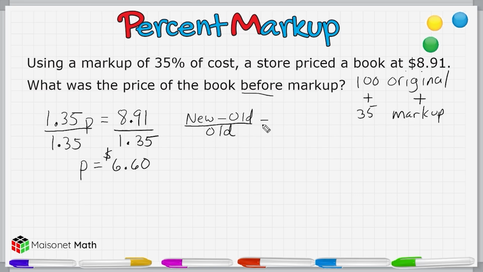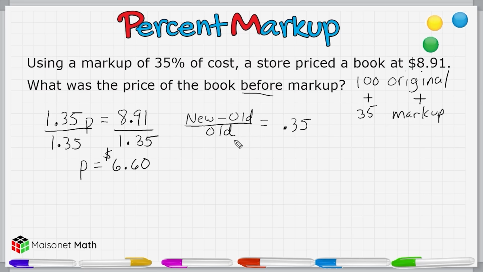And that is going to give us some decimal value that we can just express as a percentage. All right, now we know that our percentage here is going to be 0.35. So if we did know the old price, we know the new price, that's $8.91. But if we knew the old price and subtracted it from the new price and divided it by the old, we would get 0.35.